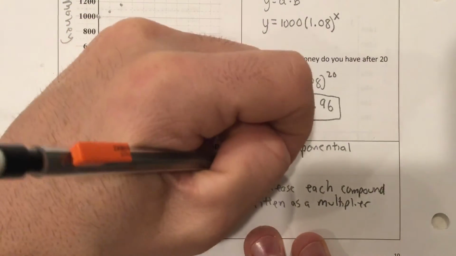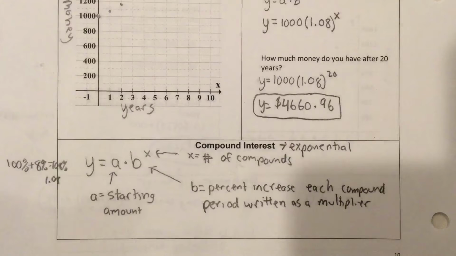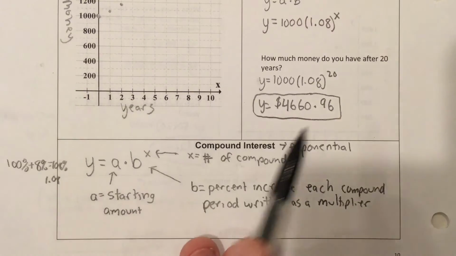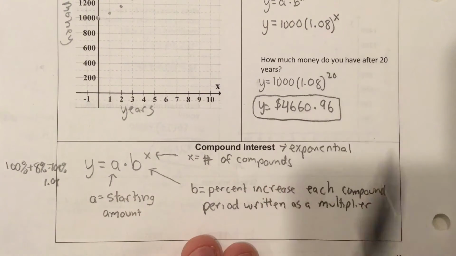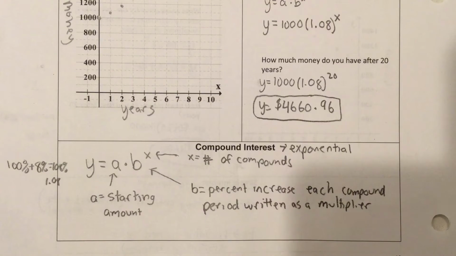And a compound is how often you're getting that interest. So in our example for this problem, it was you got your interest once a year. So when we did 20 years, we did 20 compounds because we got interest once a year for 20 years. So we're going to come back to this a lot. This is where we always want to come back to if we have a compound interest problem.